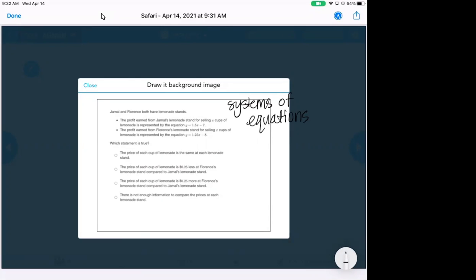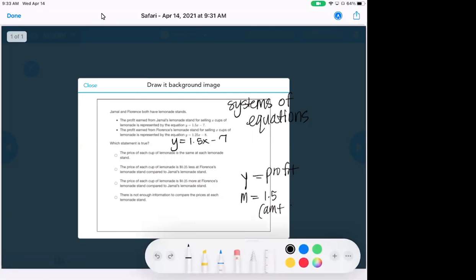So if we look at this first one, it's y equals 1.5x minus 7. So y would be the profit. So let's put it down here. Y is the profit. The 1.5, so the slope, I'm gonna put m is equal to 1.5, which is the cost, I'm sorry, not the amount.